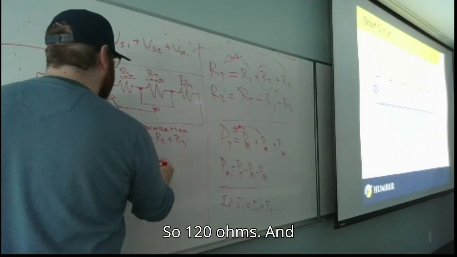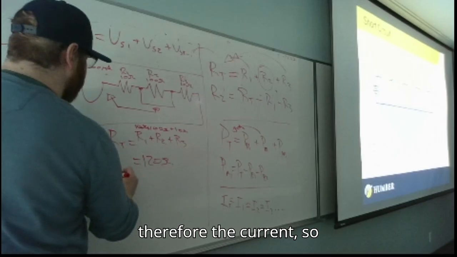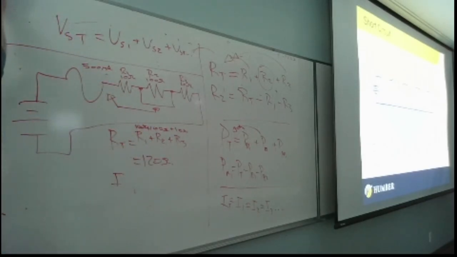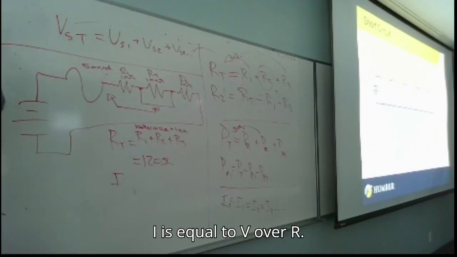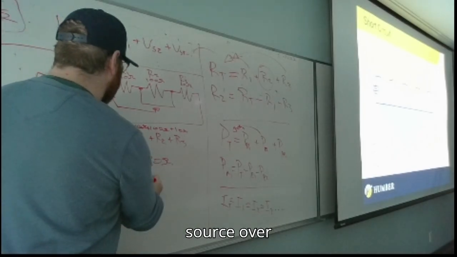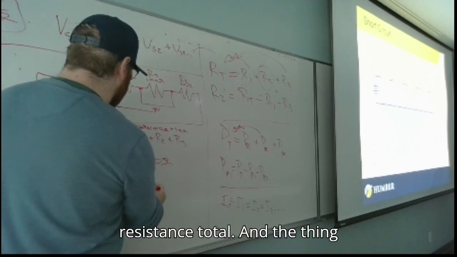So 120 ohms. And therefore the current, so we said if V is equal to IR, I is equal to V over R.